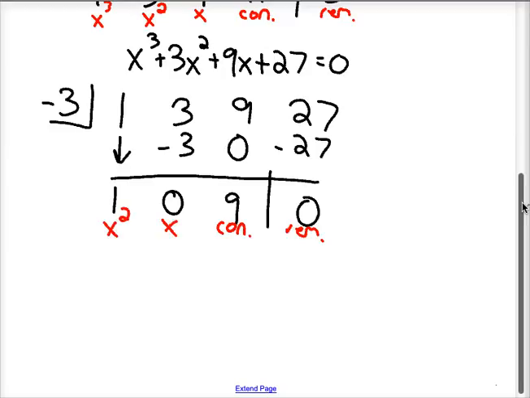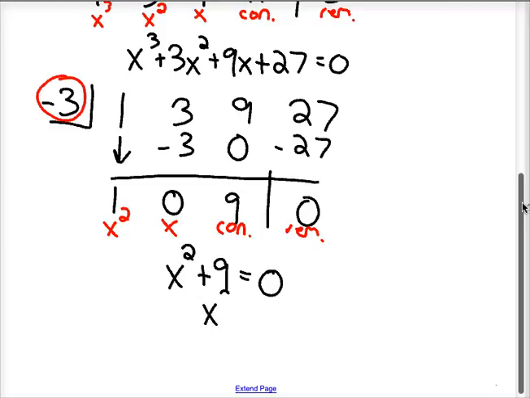We have a quadratic left. So x squared plus 9, because we pulled out yet another 0. And because I have a quadratic now and I'm searching for zeros, now I can finally solve that, and I'll have all of my zeros.